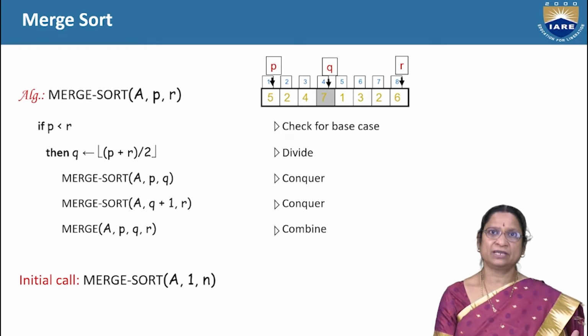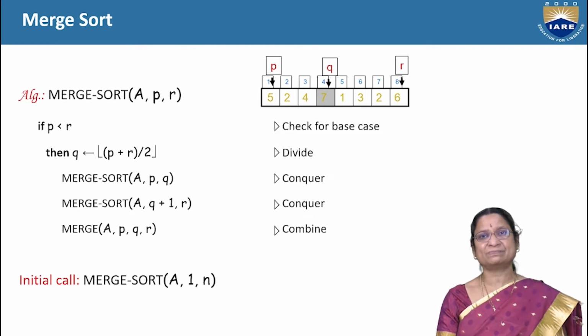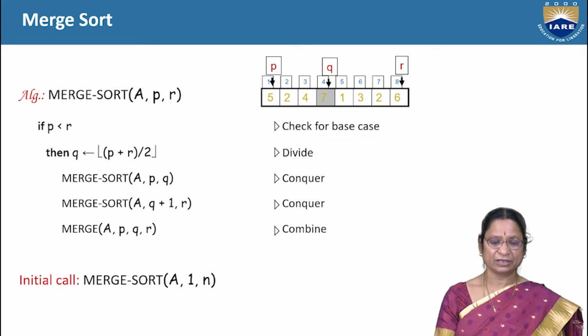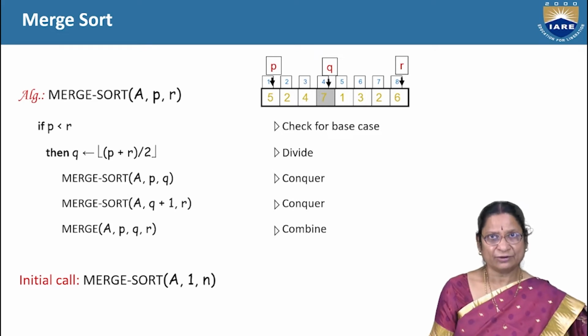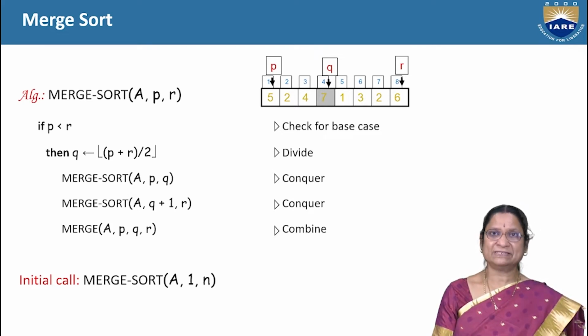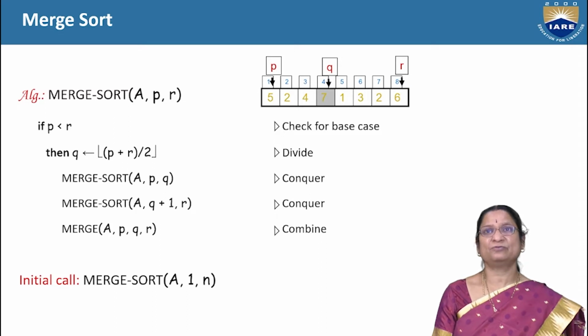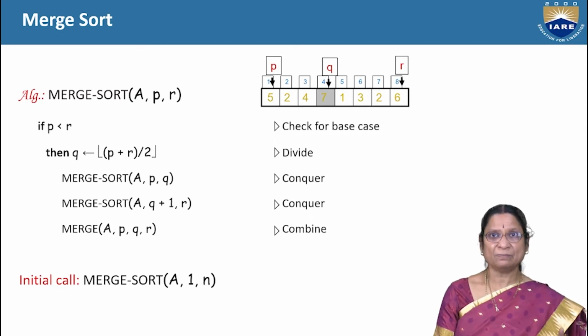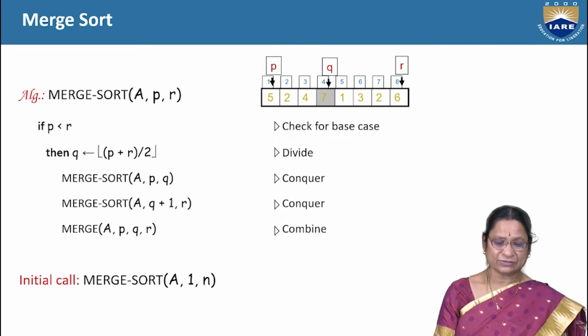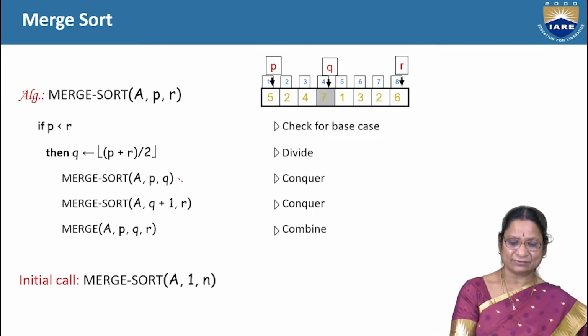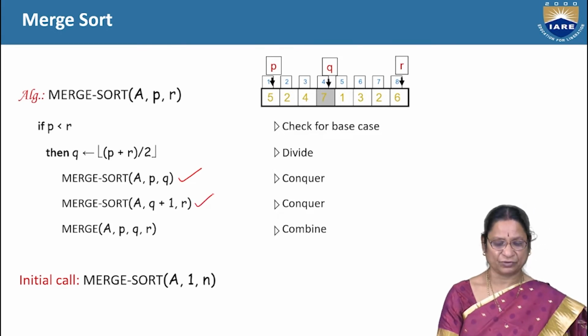We can take either the upper value or the lower value, but the same must be used throughout our program. So, lower bound to the middle value is the first subsequence, middle value plus 1 to the upper bound is the second subsequence. Again we apply merge sort recursively for the first half and for the second half.